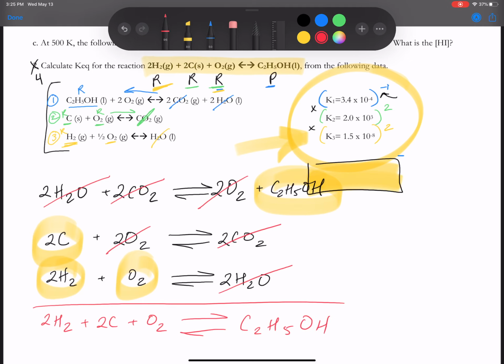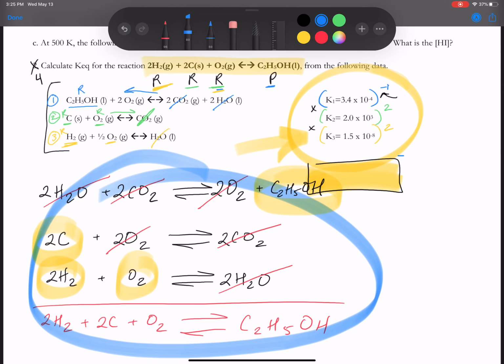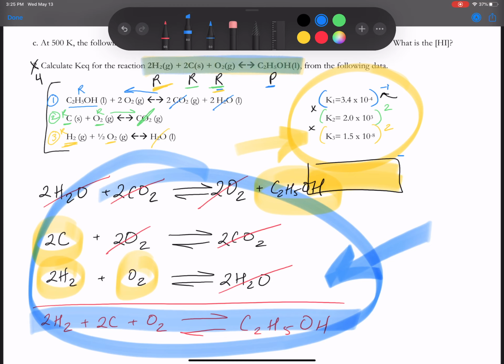So this part that I just walked you through here, that I circled in blue, this is just an opportunity for you to double check your work so that you can confirm that your final equation matches the equation that was asked of you in the problem.